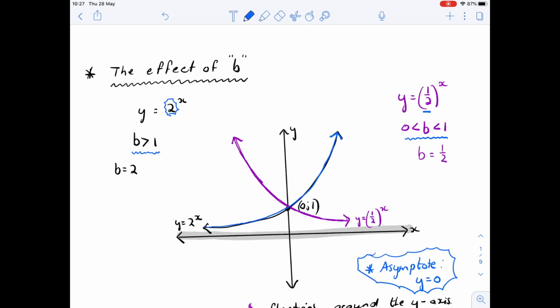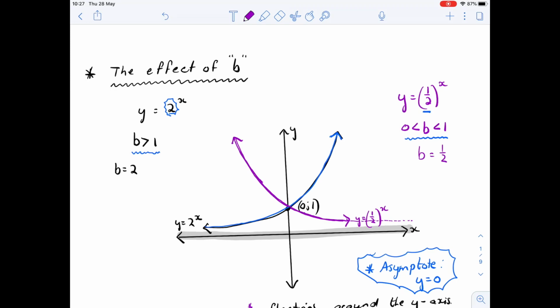Because remember, this graph, if it continues, gets very, very close to the x-axis, but it never ever cuts it because it's undefined when y is 0. In other words, the x-axis is an asymptote because it never cuts the x-axis. It's never defined when y is 0.